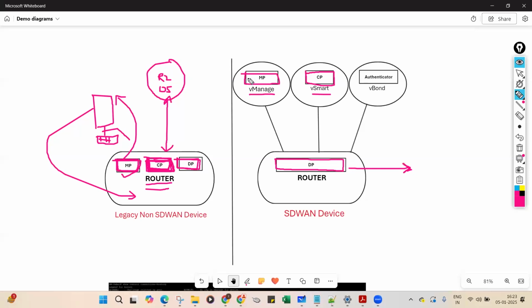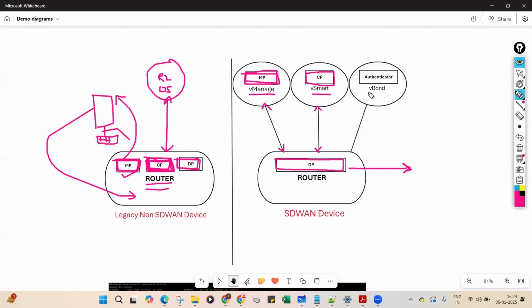But management plane and control plane packets are equally important for a router and to form a network. So in order to get this management plane functionality, the router forms a DTLS tunnel with vManage. It also forms a DTLS tunnel with the vSmart so that it can get management plane functionality and the control plane functionality from the vManage and vSmart respectively.